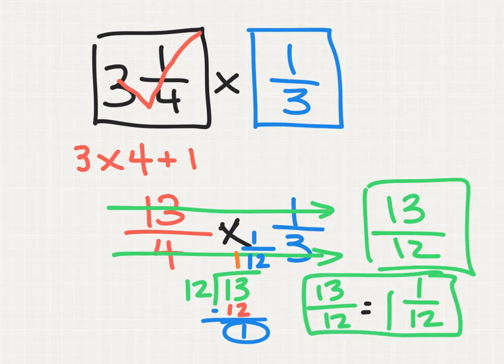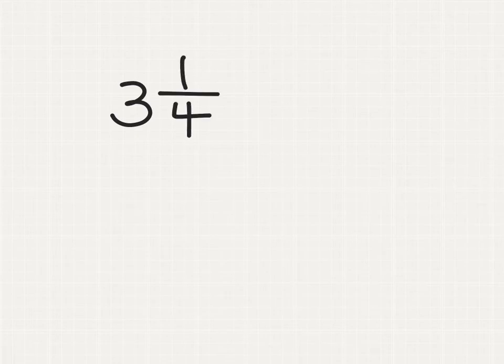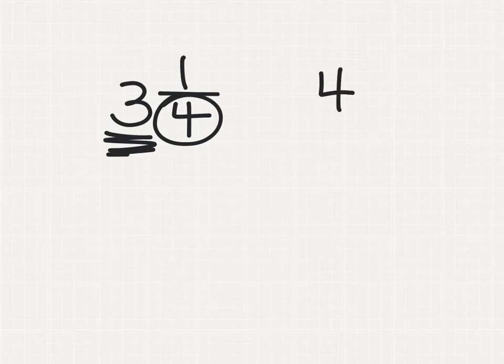Now let's talk a moment about why the check method works. Well, consider this. If my original mixed number was 3 1/4, the 3 is a whole number. With a denominator of 4, that means 4/4, right, would be all of the parts, which would give me 1 whole. 4/4 would be the same as 1 whole.